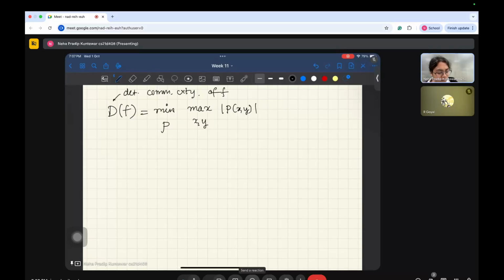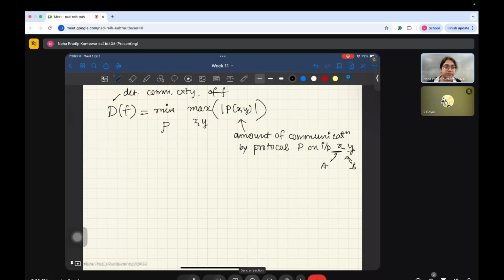By this I mean the amount of communication by protocol P on input x, y. By input I mean that this is Alice's input and this is Bob's input.